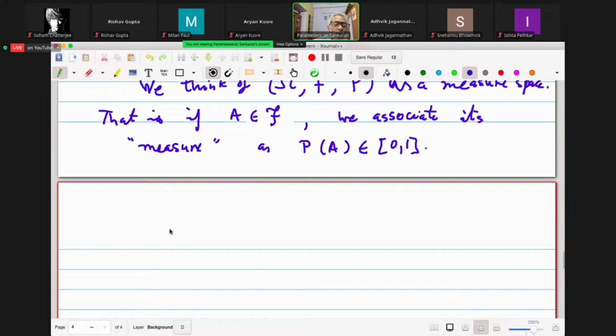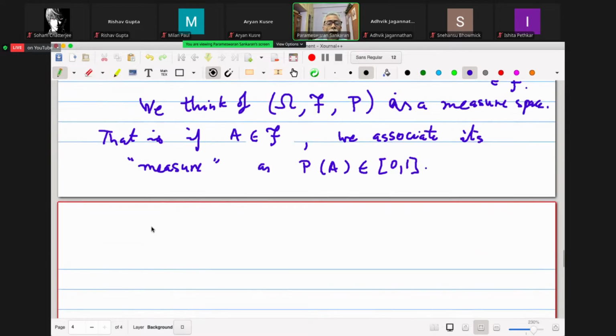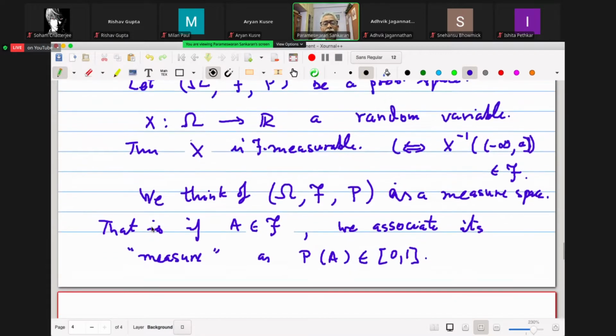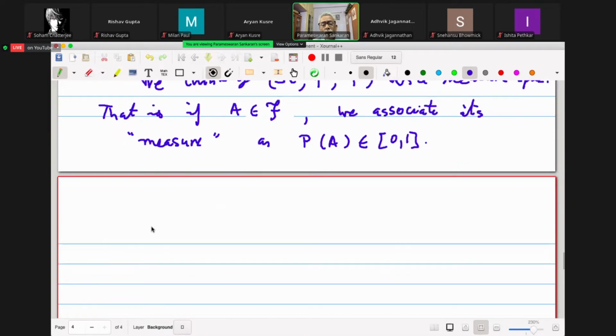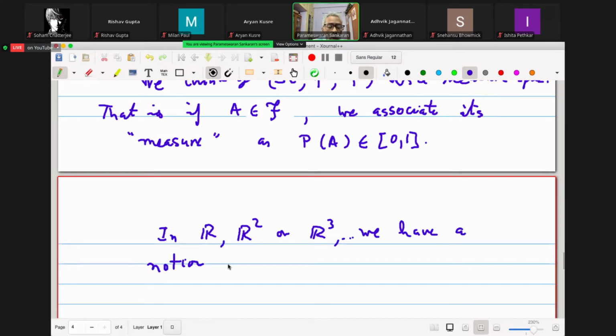And now notice that. So, okay. So what we want to do is, like in real numbers system, when you have, okay, so like I said, the problem is that if you have in R or R2 or R3, whatever, we have a notion of integration.